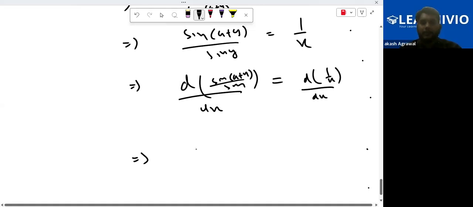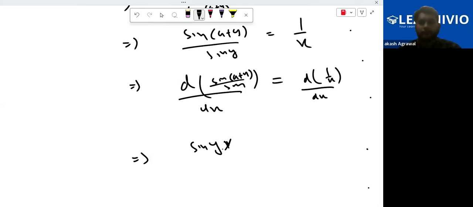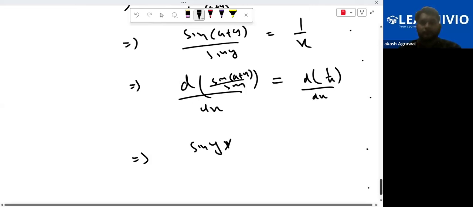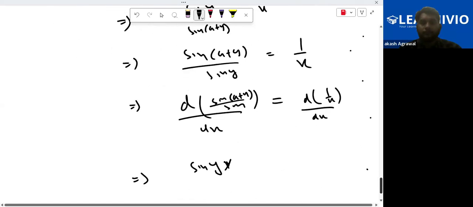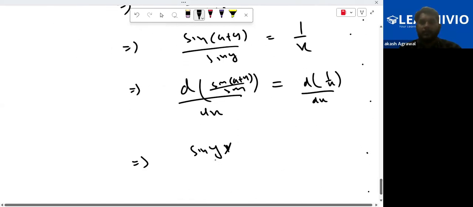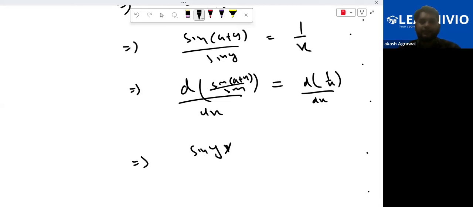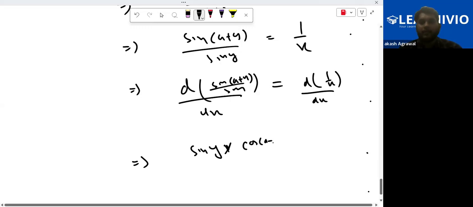So we have sin y times differentiation of sin a plus y. What is the differentiation of sin a plus y? It is cos a plus y times dy by dx.